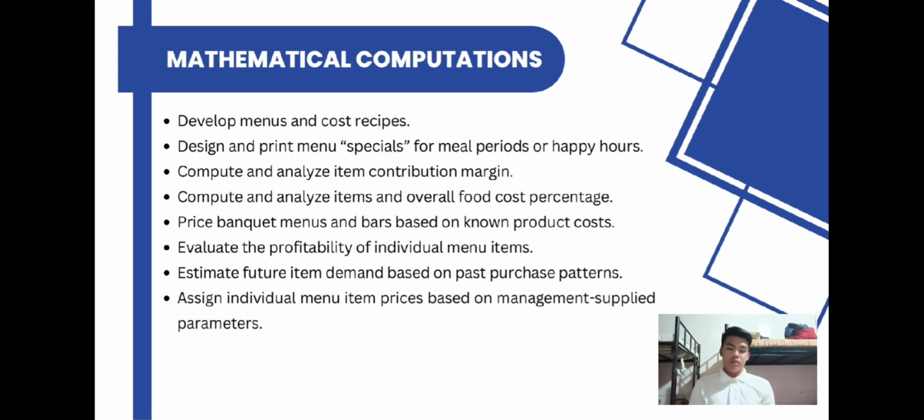Number 6 is evaluate the profitability of individual menu items. Once you've determined an item's cost and price, evaluate a menu item's profitability based on the contribution margin. Number 7 is estimate future item demand based on past purchase items.